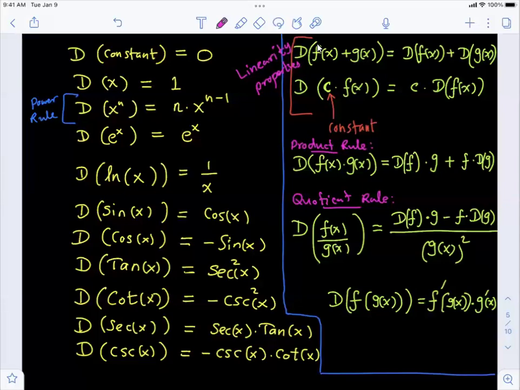And then the last, trust me, the last rule that you're going to see in calculus. This is called the chain rule. In the chain rule, what you do is you work with a function sitting inside another function. Can you see the construct of this function?